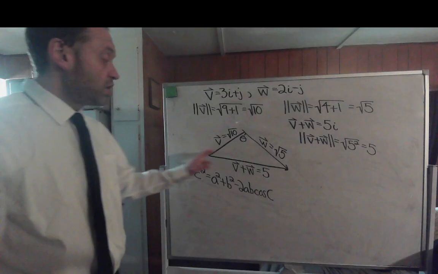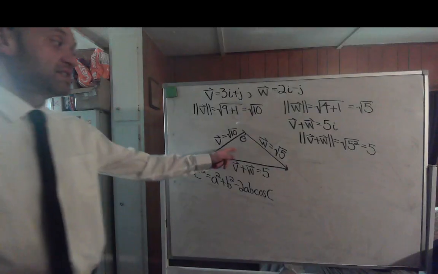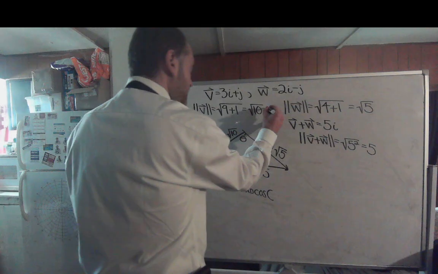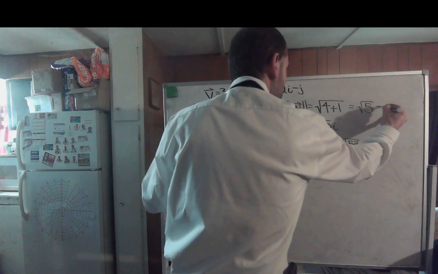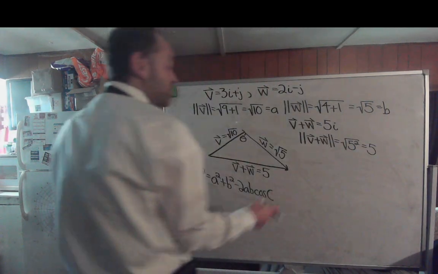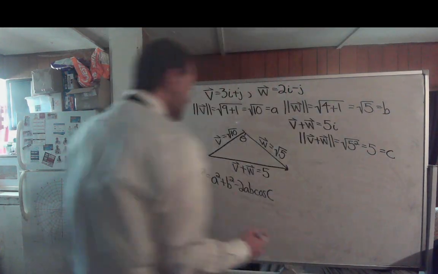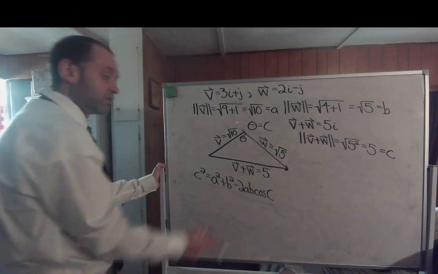Now that we know all three sides, we can use the law of cosines to find this angle. So again, let's call the magnitude of v, we'll call that a. We'll call the magnitude of w b. We'll call the magnitude of v plus w c. And then we'll call theta equal to angle c. That'll make our lives a lot easier.